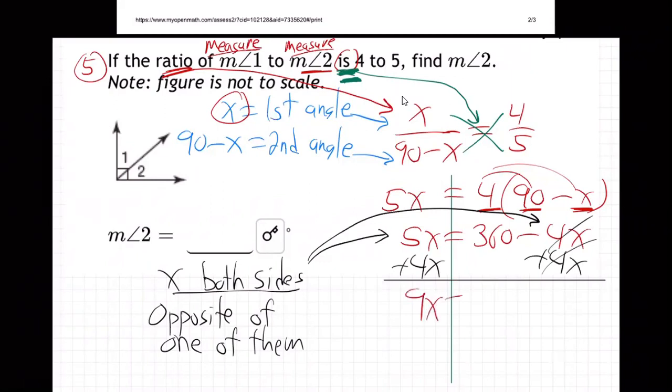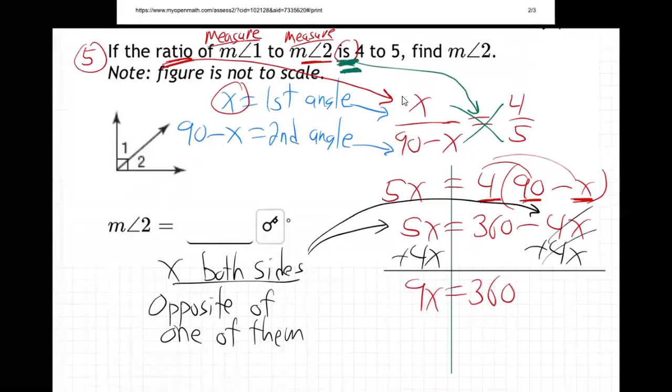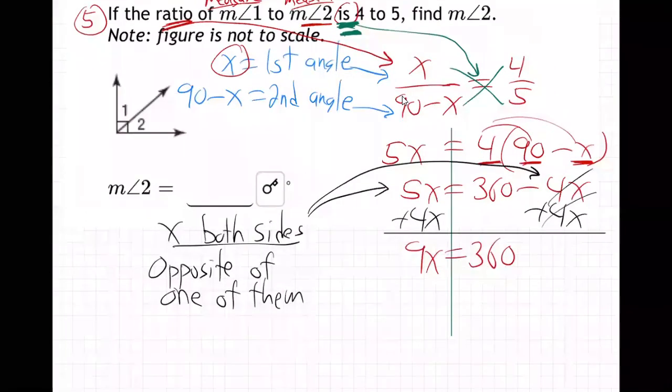And so this is 9x is 360. And then divide by 9. X is 40. So we solved for x. X is 40. 40 is our answer.